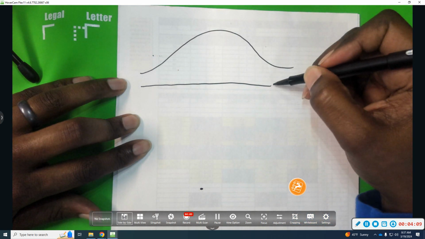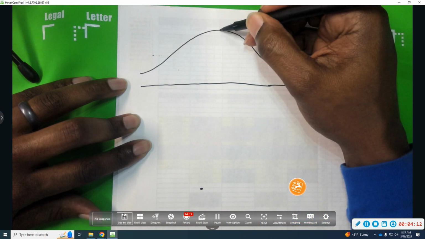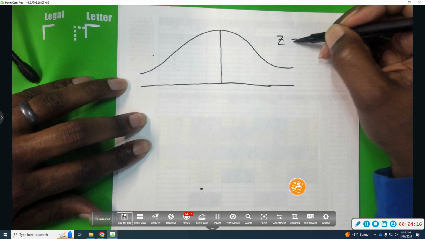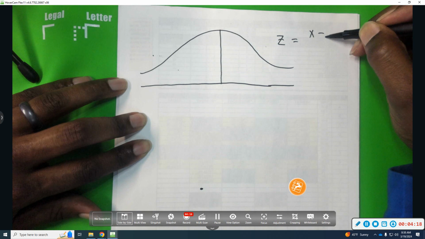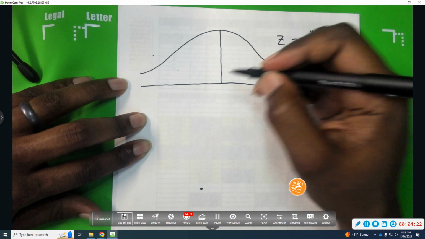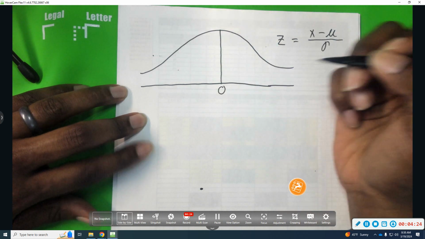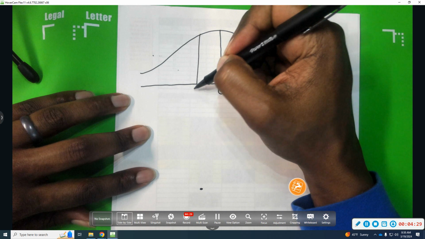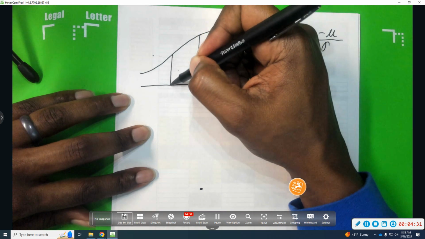The standard normal, once you do the z formula, which is z equals x minus mu over sigma, shifts your graph so that the mean is always 0 in the middle, and we have -1, -2.